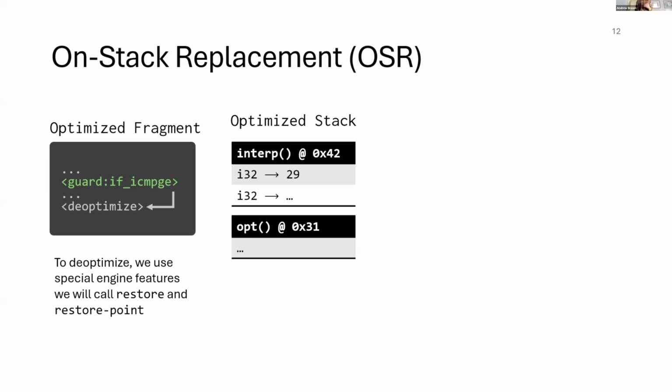We're executing an optimized fragment, and the stack looks as follows. We were in the main interpreter function, and we had the value 29 in our value stack, but now we're in the optimized fragment at location 31. But what happens is that we've reached an off-trace exit. We've determined we don't have more optimized code to execute here. We need to de-optimize.